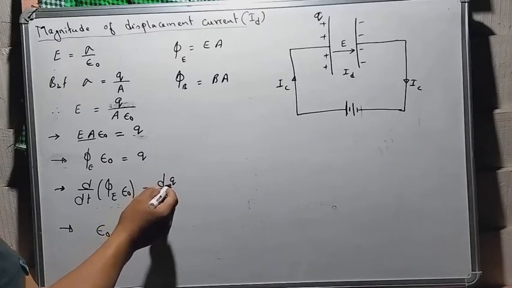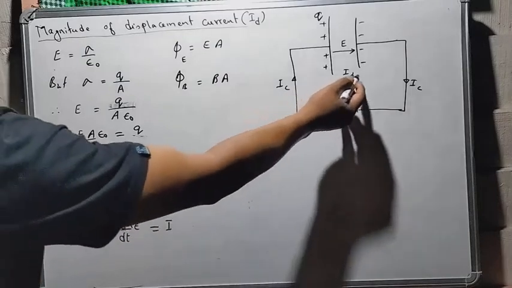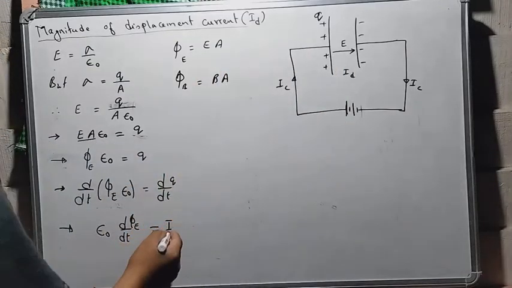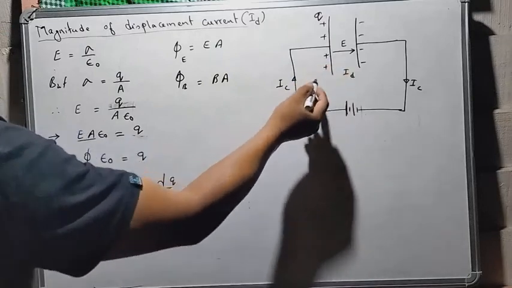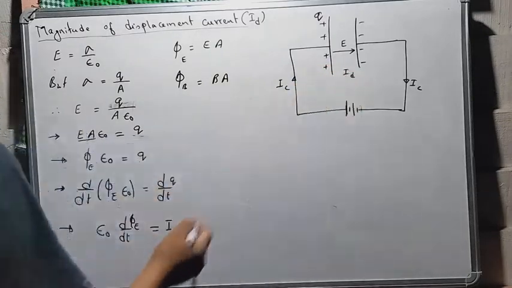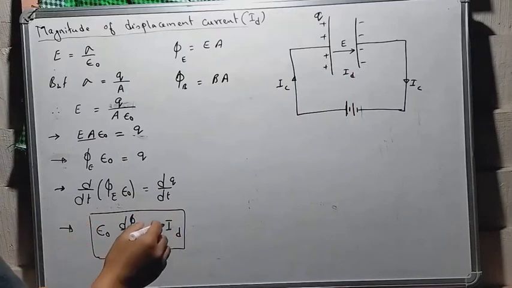Now, dQ upon dt is equal to I. What I is this? Is it I_C or I_D? The answer is I_D, because here we are considering the current inside the capacitor. So this is the magnitude of the displacement current inside the capacitor.